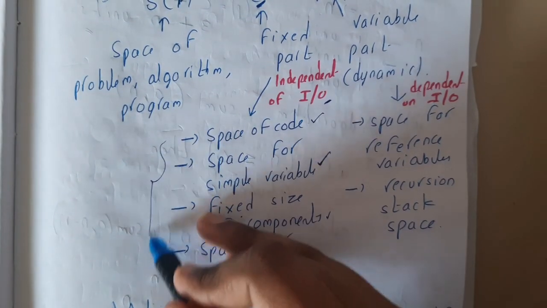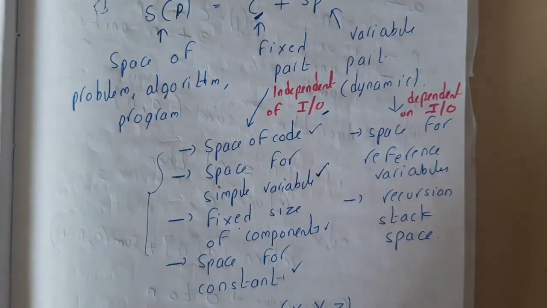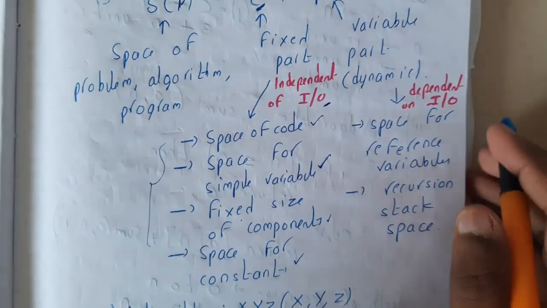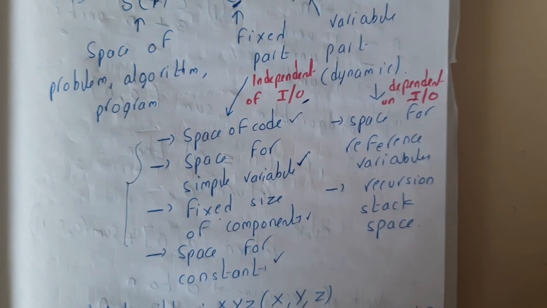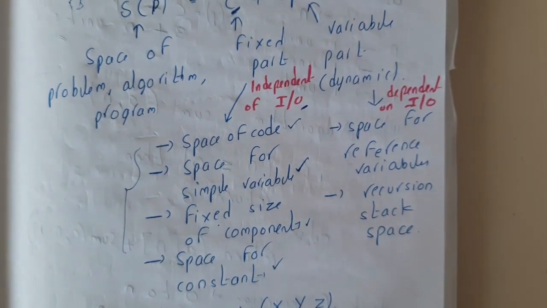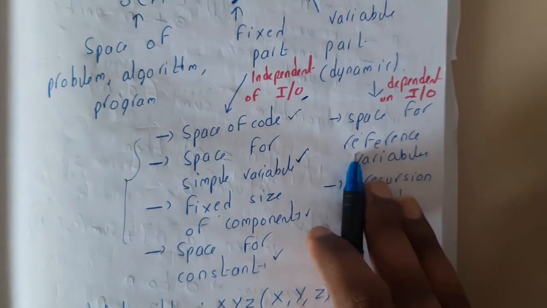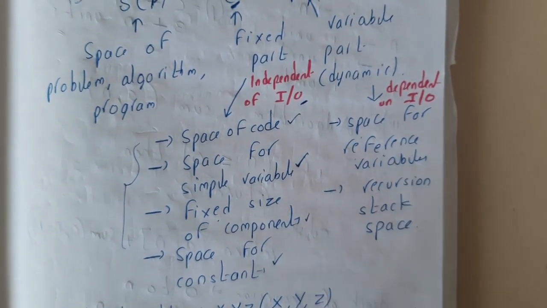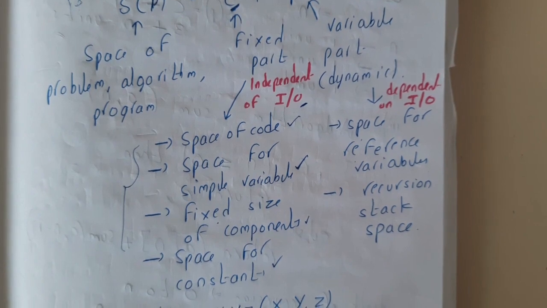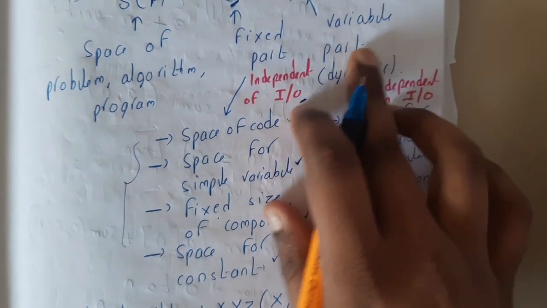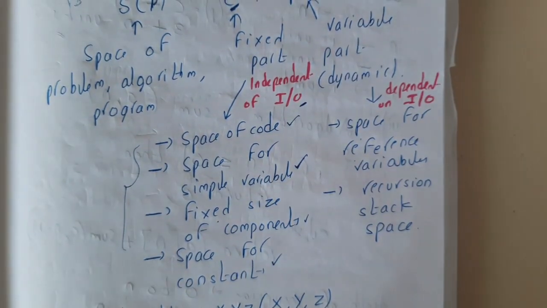Whichever are predefined or written already come under the fixed part. Whereas dynamic is whenever you are taking input, or any kind of recursive functions that are generated on the spot. Space for reference variables, like int x where you take input from the user, comes under the dynamic or variable part.